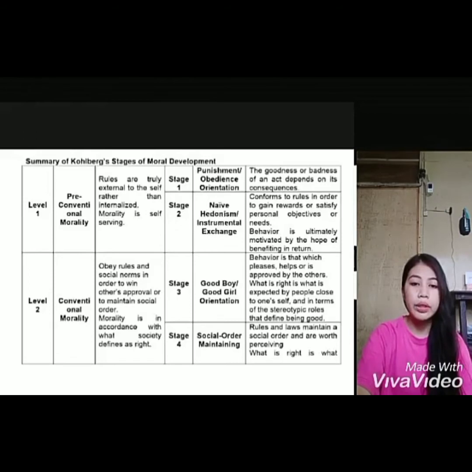And the fourth stage is social order maintaining, where rules and laws maintain a social order and are worth preserving. What is right is what conforms to the rules of legal authority. So, in stage 4, people become aware of the wider rules of society and follow the law to avoid guilt.